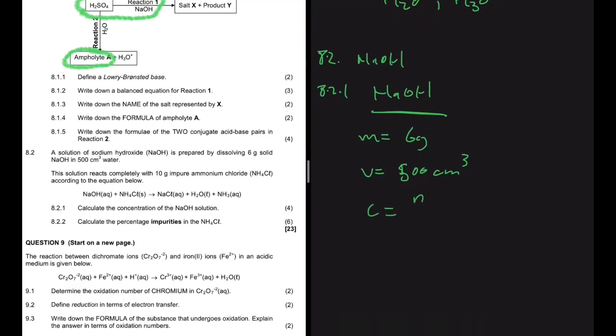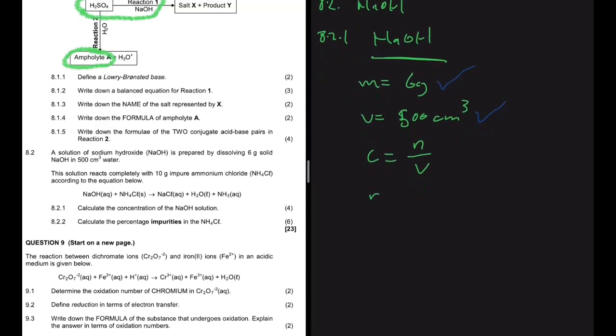Concentration is number of moles divided by the volume. So from the mass we can find the number of moles, and then we have the volume here. So let's go ahead and do that. The number of moles will be equal to the mass divided by the molar mass. The mass is 6 grams, and the molar mass of NaOH is 40. So we're going to have 0.15 moles, right?